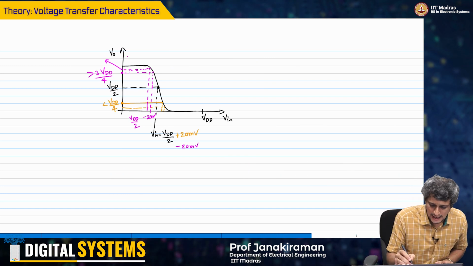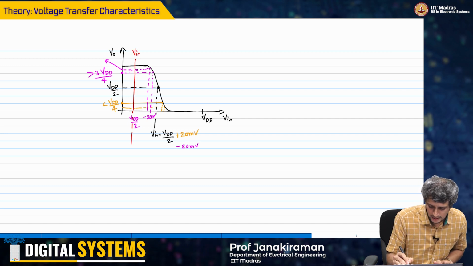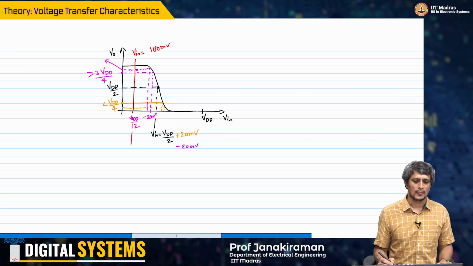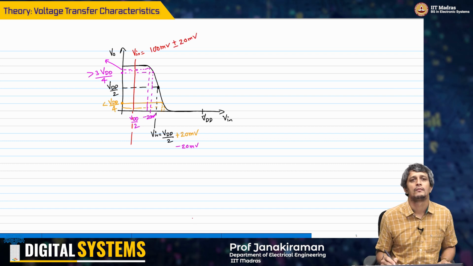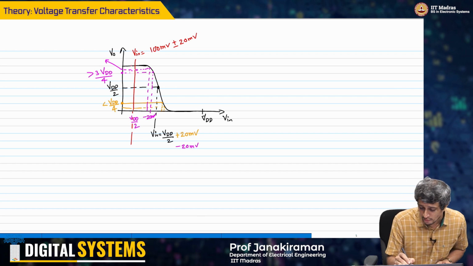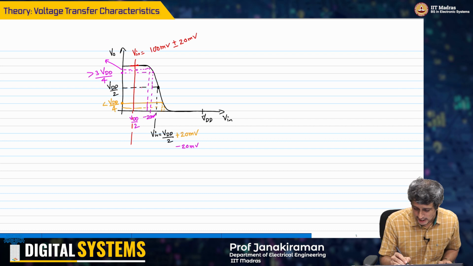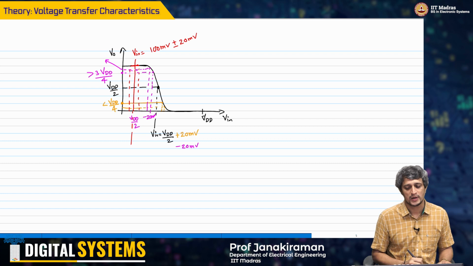Now on the other hand, like I told you, if I operated this guy here, right, Vin equal to, let's say, 100 millivolt. Now even if you give plus minus 20 millivolt noise, it doesn't matter, the output will still be VDD, right? So this will be Vin plus 20 millivolt, Vin minus 20 millivolt.